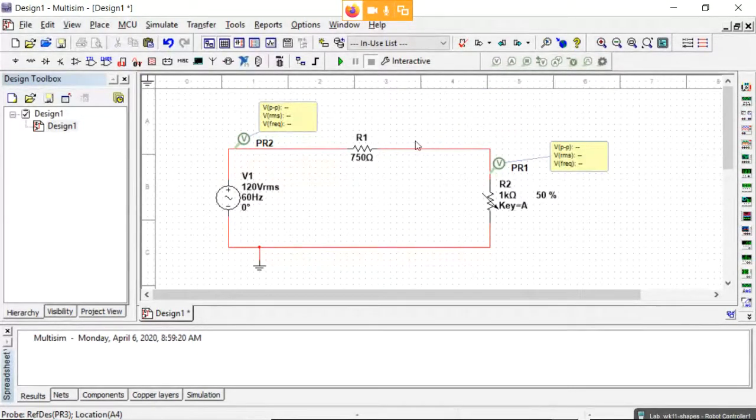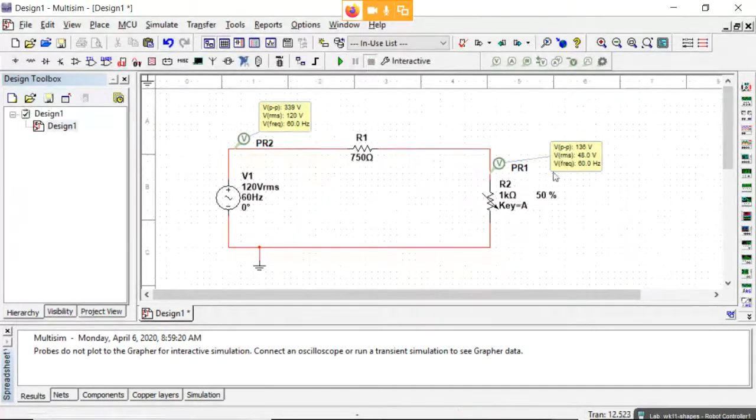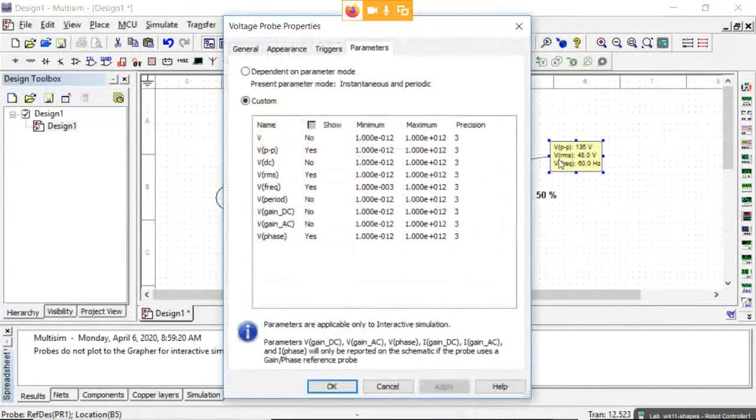All right, so now if I simulate this, I get my voltages and I get the frequency. It's supposed to show the phase there, but it's not.